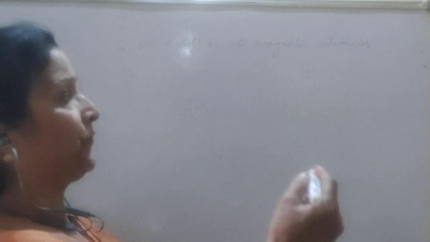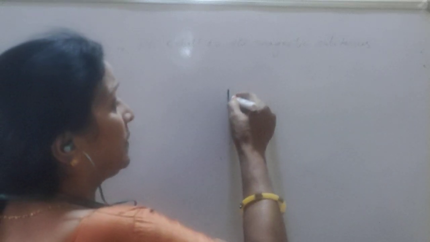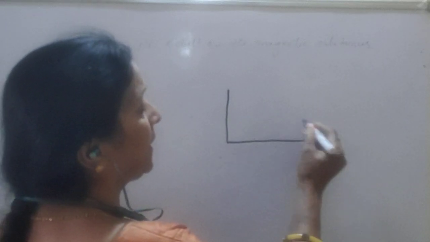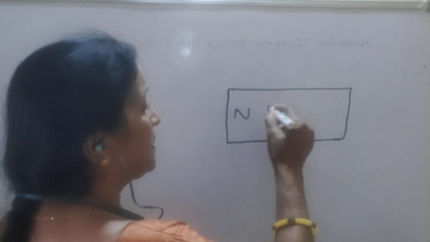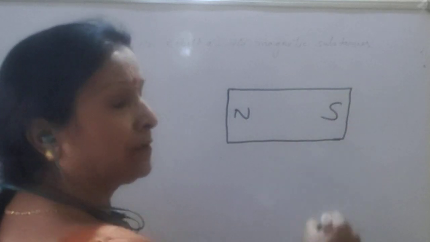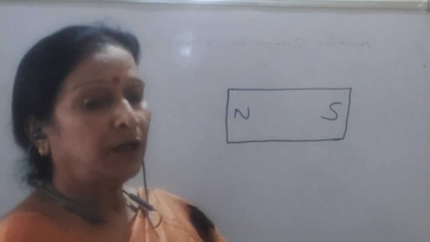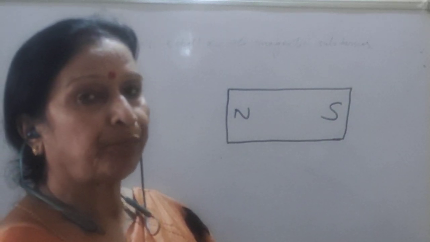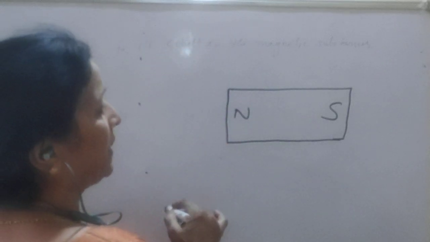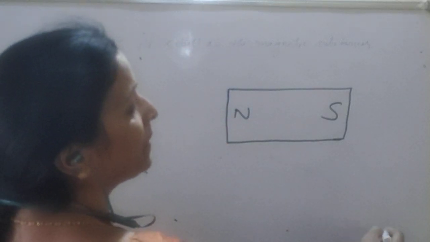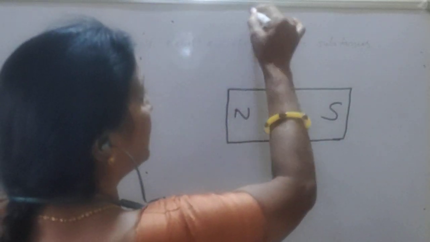First of all, the simplest one is magnetic field. Suppose we have kept a magnet here, suppose this one is the bar magnet. Around this bar magnet, there will be some limited space where its influence can be seen or felt.